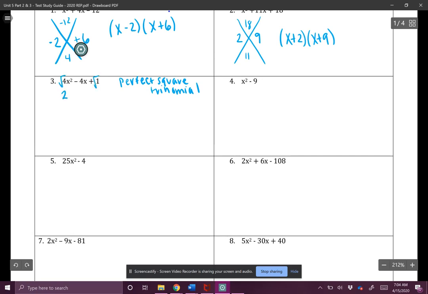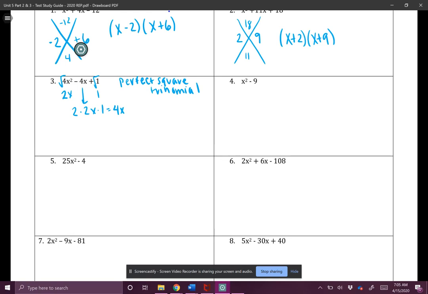The square root of 4 is equal to 2x, and then the square root of 1 is equal to 1. And just to check, is 2 times 2x times 1 equal to 4x? Yes, it is. 2 times 2 is 4, with the x times 1 is 4x. So again, I know this is a perfect square trinomial.